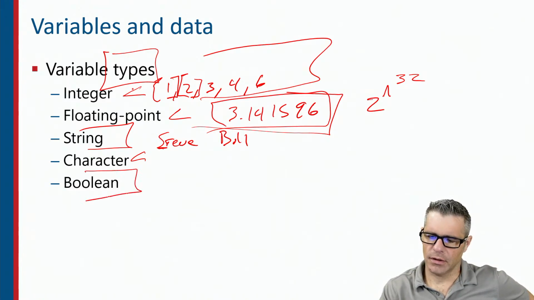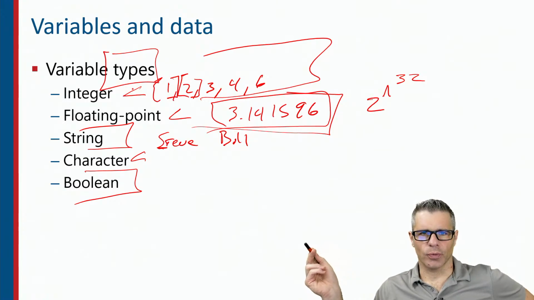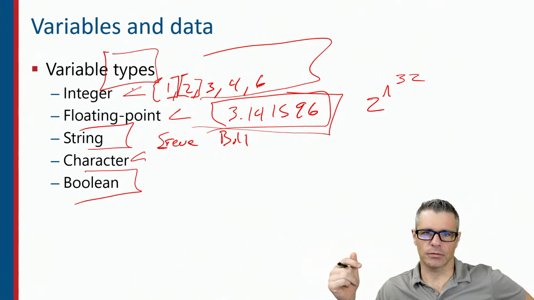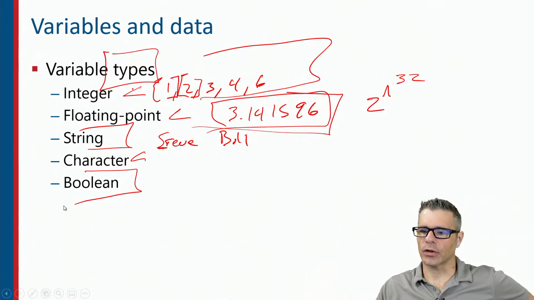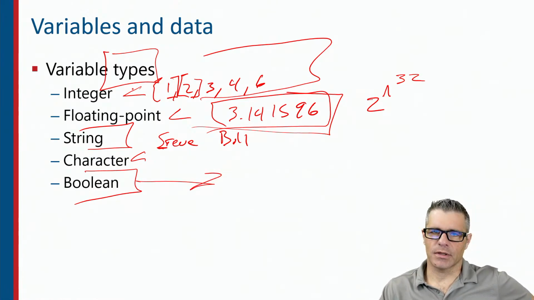And anybody know why we owe a debt to George Boole for Boolean values? Those are either true or false, sometimes represented as 0 or 1, or true or false would be 1 and 0 in most languages' parlance. But these are generally how we evaluate if statements.